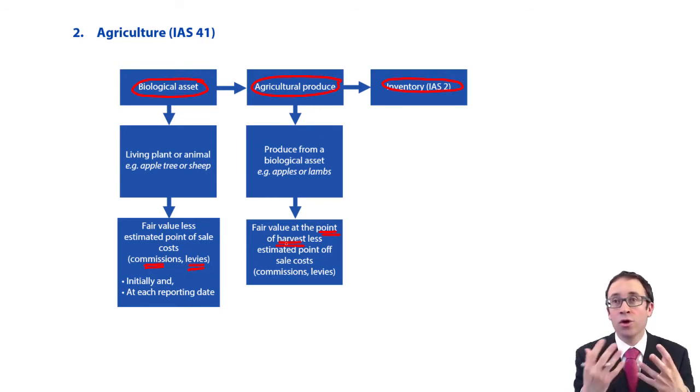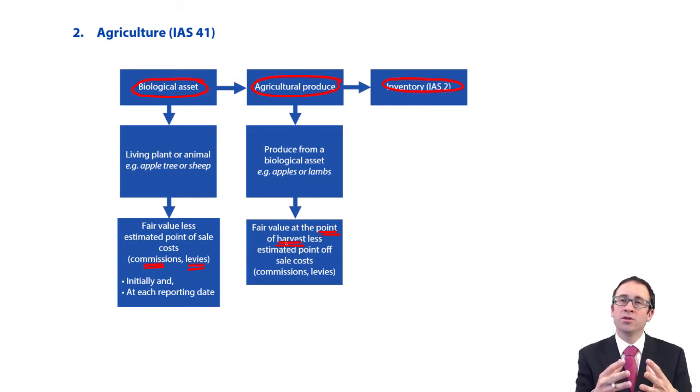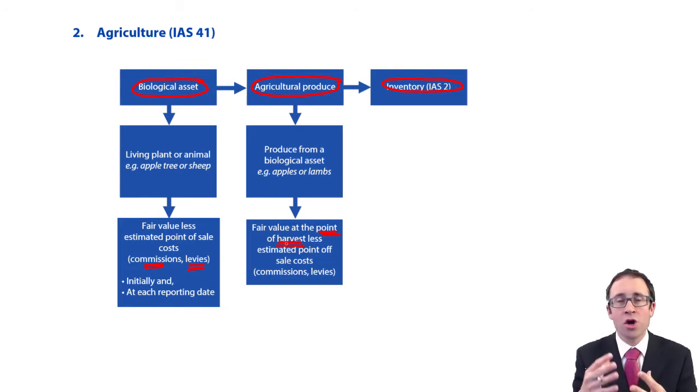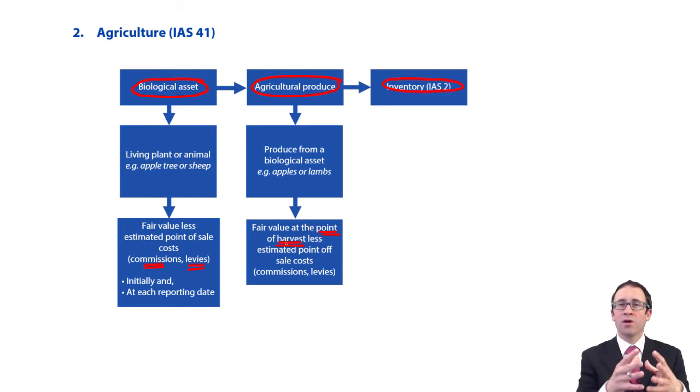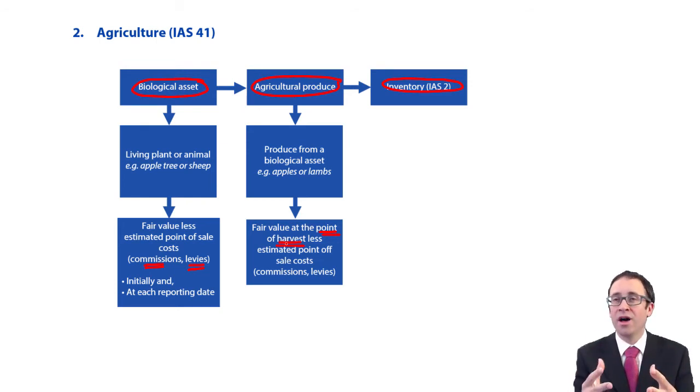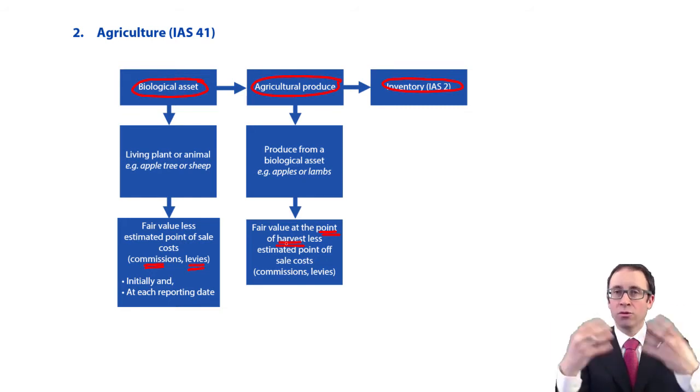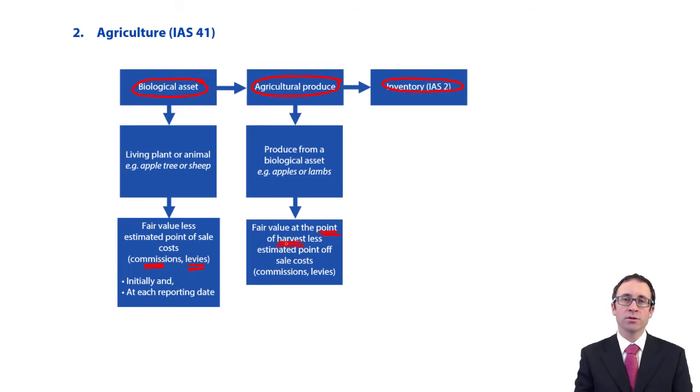Its fair value could go down if there's a drought or bad weather and all of a sudden your grapevine doesn't produce as much. So the fair value could go down as well as up. But the longer you've got the asset, the more likely the fair value is going to increase as that biological asset itself grows and is able to produce more agricultural produce.